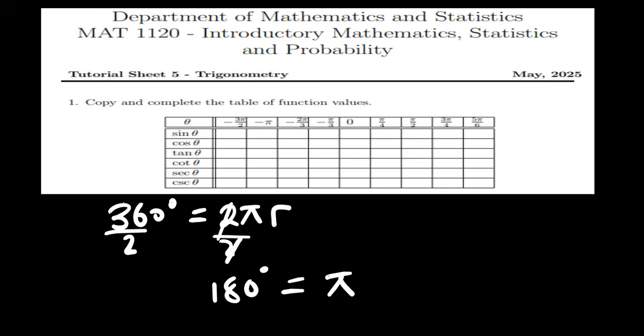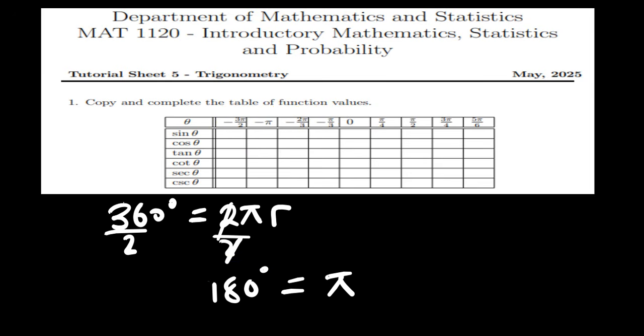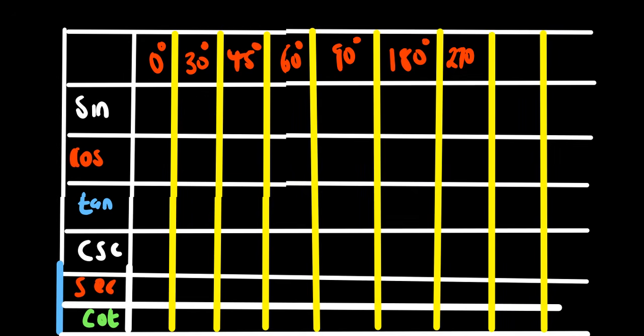Now this is a general equation that we'll be using to convert angles to radians, and these are some of the values that they've given you. Now let's complete the table that I just came up with on the other end. If you punch on your calculator sine 0, it is just a 0.